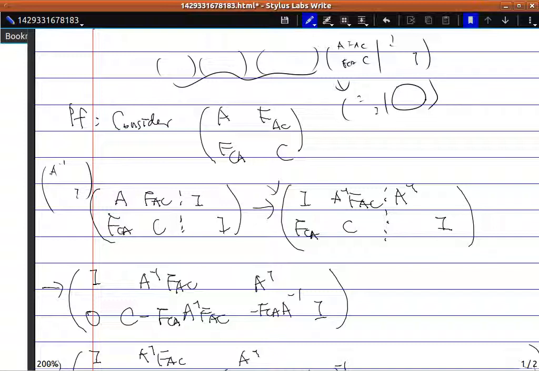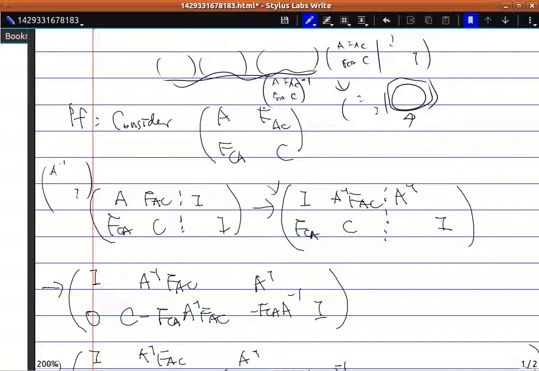Then of course this something here multiplied by this guy is equal to the identity matrix. Therefore this something here is actually just the inverse of A, FAC, FCA, C, the inverse of this guy. And of course this inverse multiplied by this identity matrix on this side will appear here. So therefore I will get the inverse here.